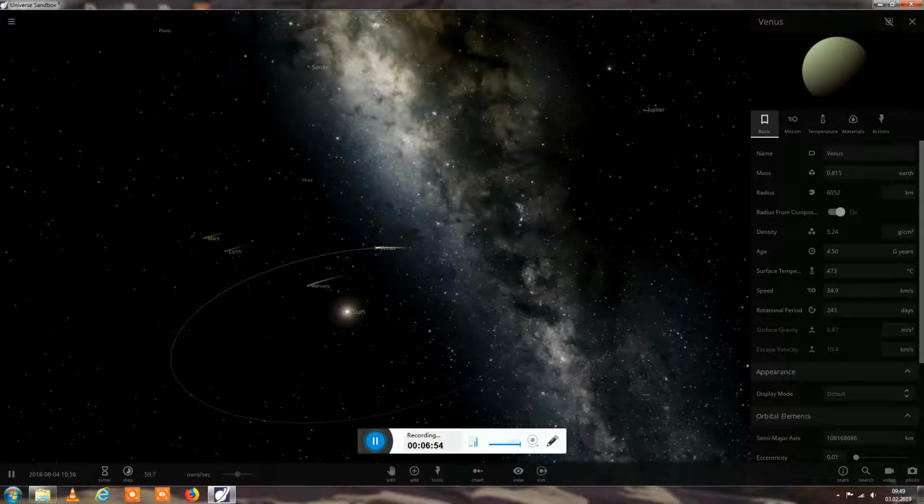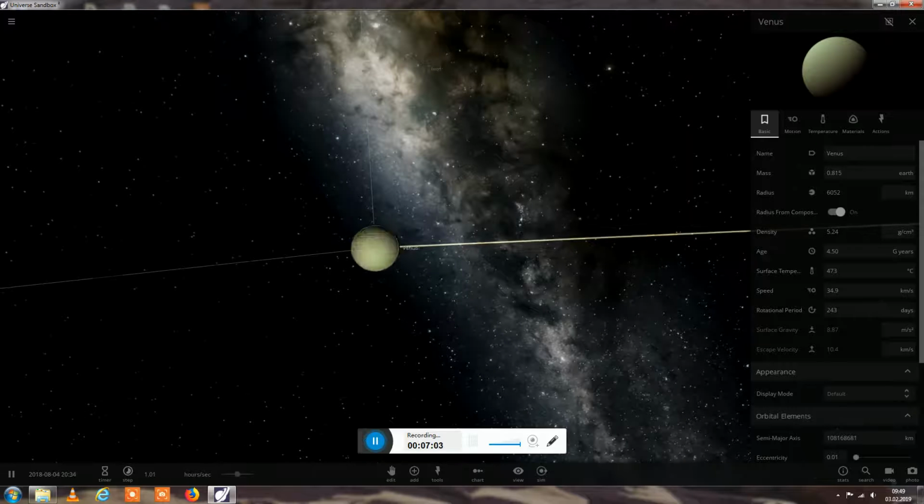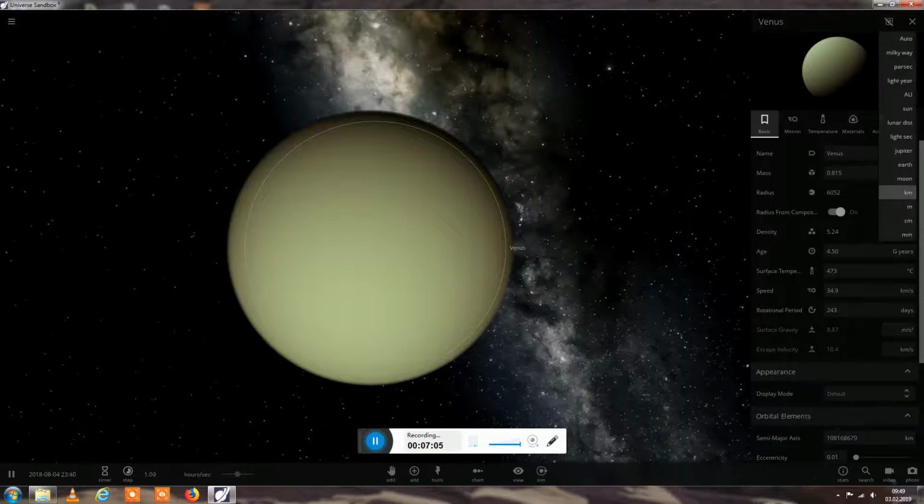So in terms of mass, Venus is just a tiny fraction smaller than the Earth. Also, in terms of diameter, it's slightly smaller than Earth. So, in terms of size and mass, Venus is the most Earth-like planet in our solar system, and gravity as well. I mean, gravity is just slightly smaller than that of Earth.